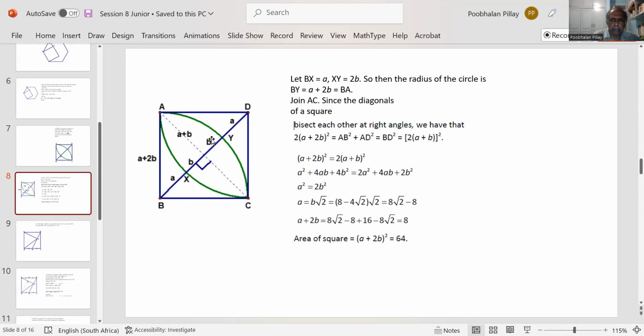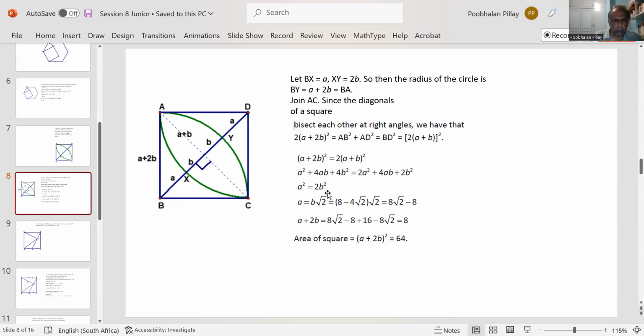So you can see I've done the calculations here. I've come to A squared plus A squared is equal to 2B squared, and then you can solve for A and B and A plus 2B, as we see, and you get a very nice answer. It's 64. So you can look at this solution and it gives you a very neat solution.